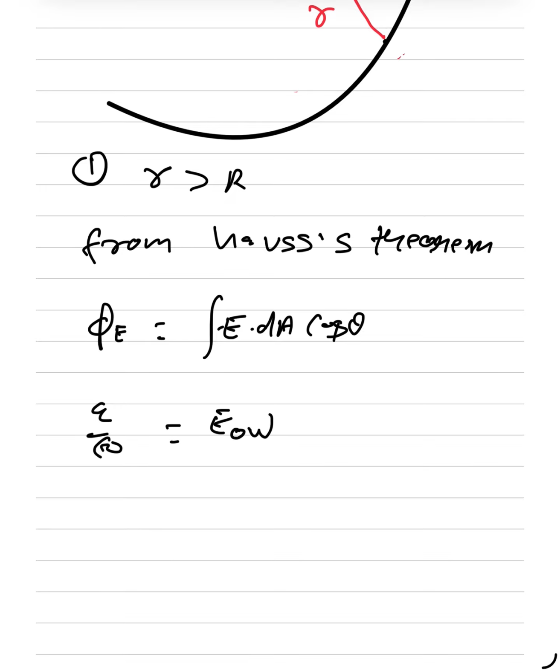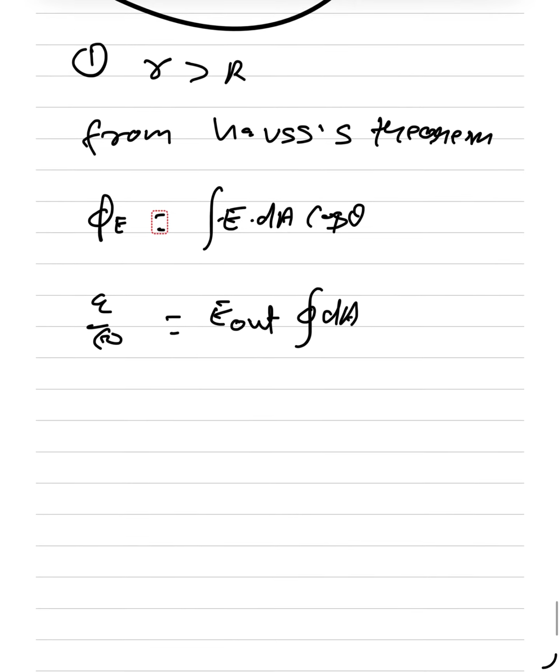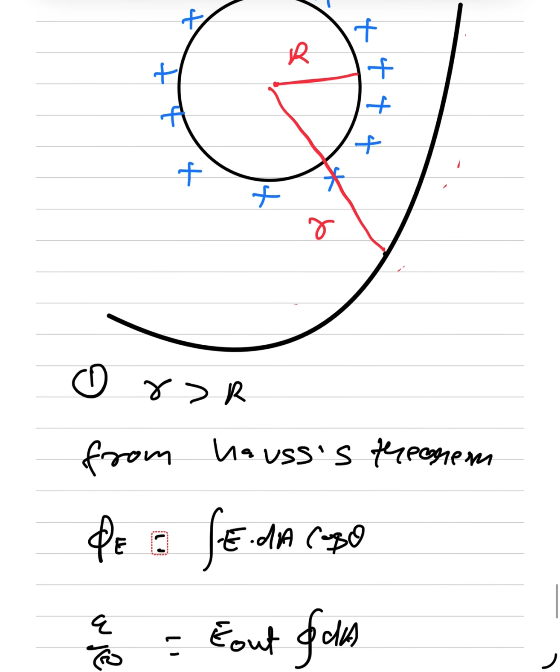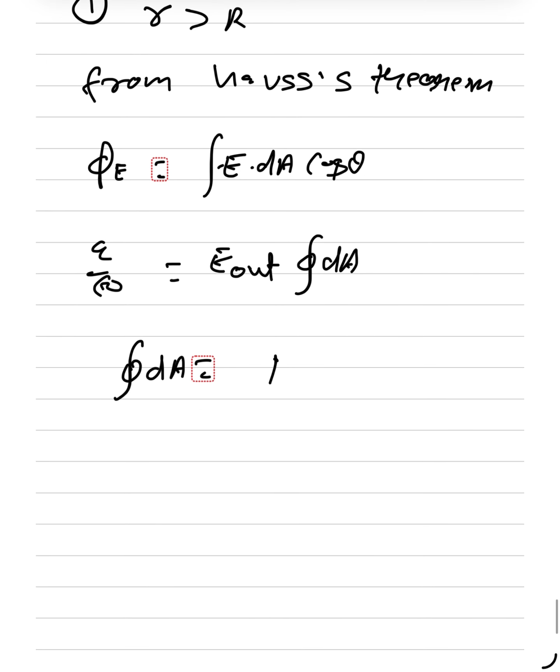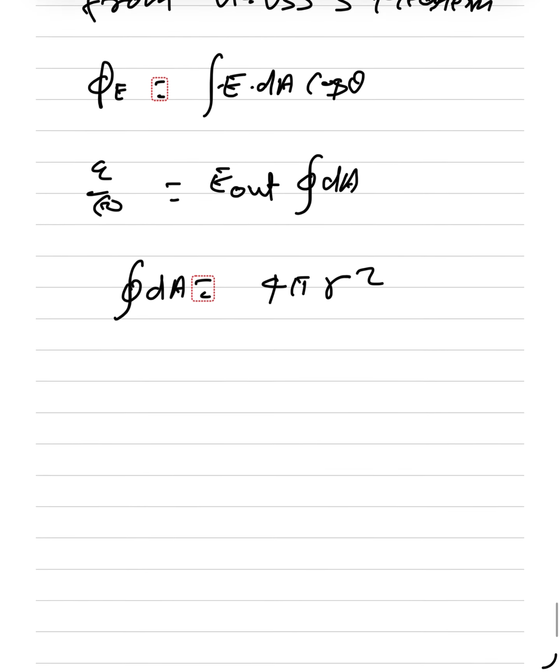So E outside times the integral of dA, which is the virtual Gaussian surface of radius small r, 4 pi r square.